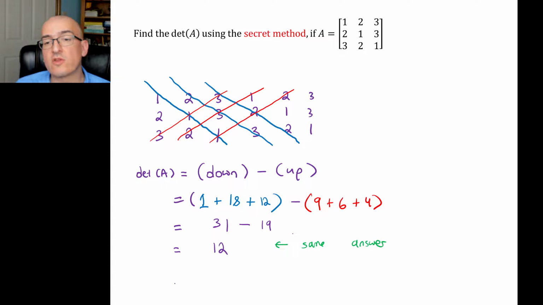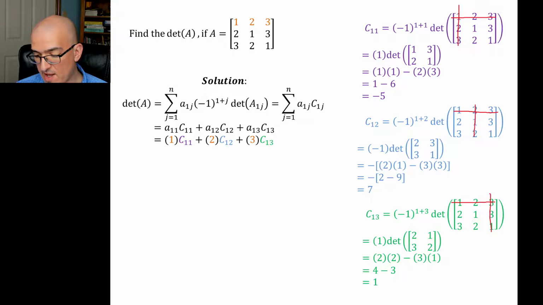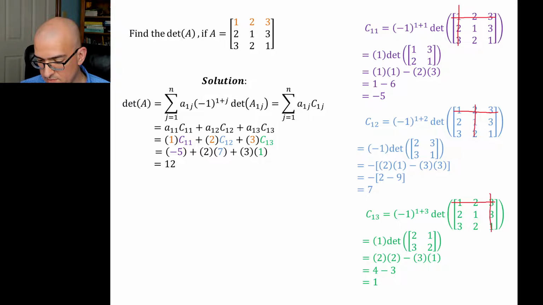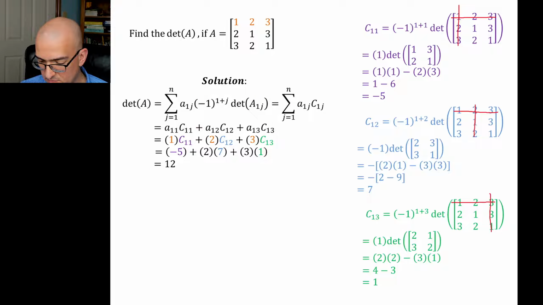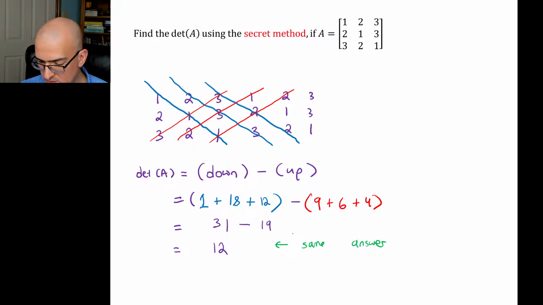You could show that all the multiplications that happened here also happen here. So for example, we have, hold on.